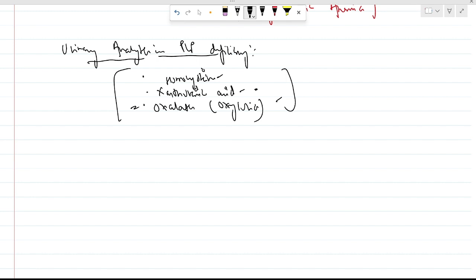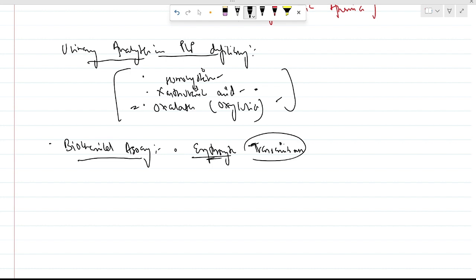So next we are going to see the biochemical assay. Simple to remember. First one we see is the erythrocyte transaminase. PLP is involved in the transamination reaction. So this word transaminase in the erythrocytes. So erythrocyte transaminase is analyzed. Next one is the tryptophan load test.